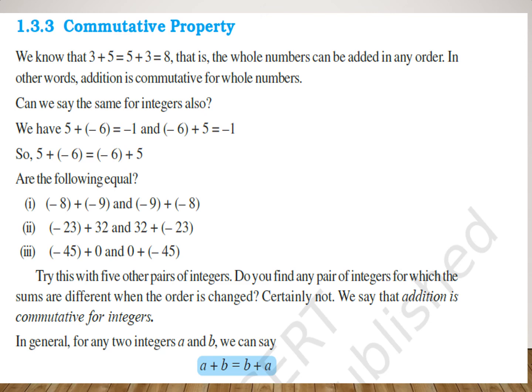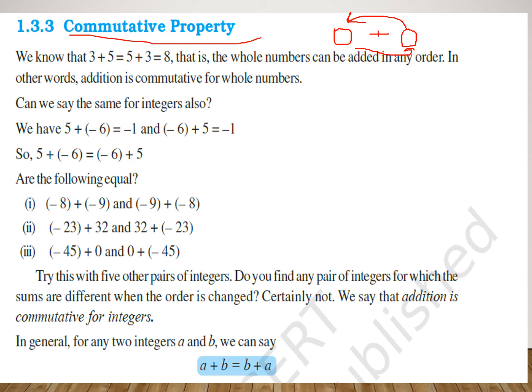Now, next property is commutativity. What do you mean by commutative property? Commutative means when you commute. That means suppose you have something over here and something over here and you change their place and see what changes are there. Okay, here also we'll do the same thing.